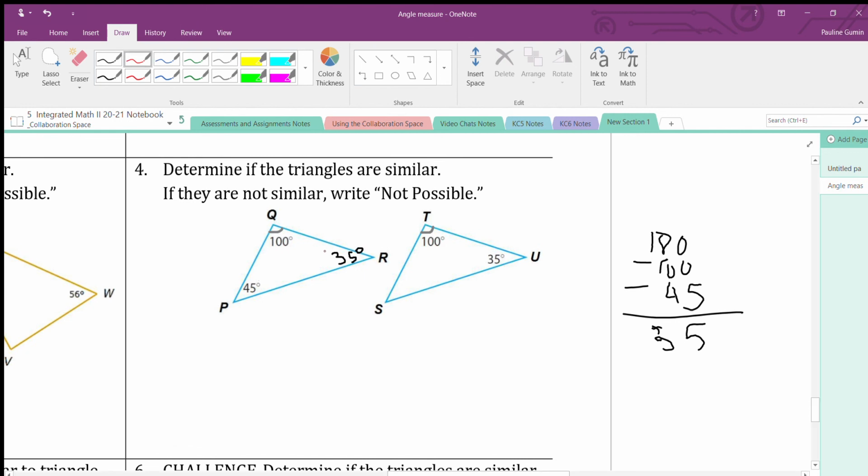Well, we did find that R is 35 and U is 35. So, we win here. There is a similarity through AA. Yes, we have a 45 here. But AAA is an insurance company, not a similarity for geometry. So not AAA.